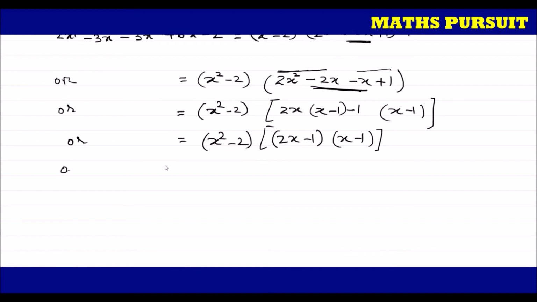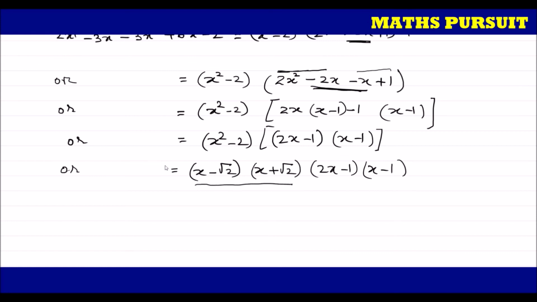Let me write it this way also: x to the power 2 minus 2, which we know already is x minus root 2 into x plus root 2, and here we got 2x minus 1 into x minus 1. So you could see that there are altogether 4 factors. 2 factors were given in the question, and these are the extra 2 factors that we got.